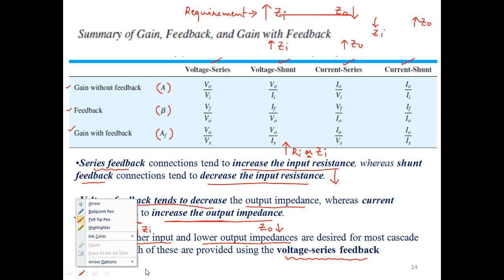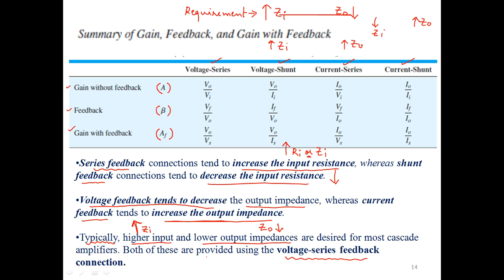So what does that mean? Out of these four feedback connection types, the most popular, the most useful, the most practical one is the voltage series feedback connection type, which I'll highlight here. The voltage series feedback is the most popular one. Please understand that that does not mean other configurations, other feedback networks, are not useful. They are also equally useful but not so popular.